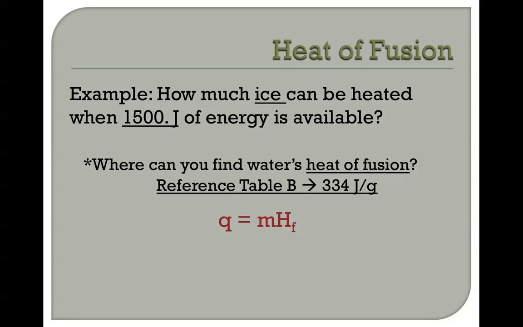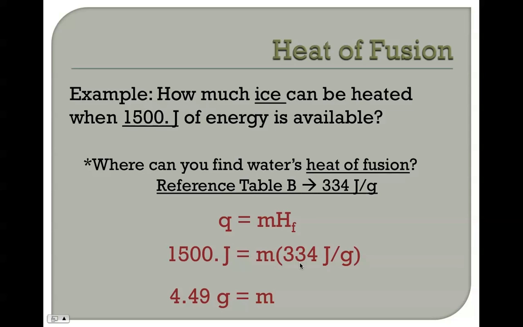So we have our formula, and we're solving for mass. Here I've inputted the values first, and then I divide each side by 334, which gets me 4.49 grams. Again, I inputted the joules, the amount of heat energy, and I also looked up and inputted the heat of fusion for ice and water.